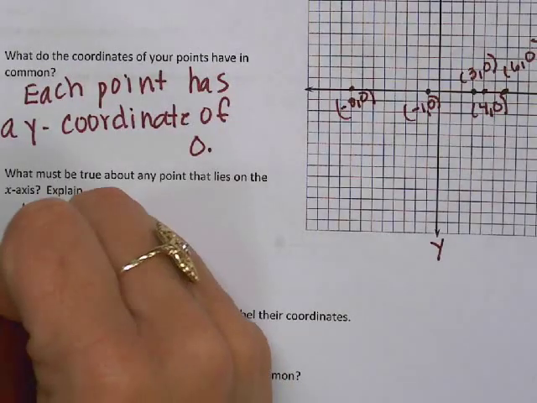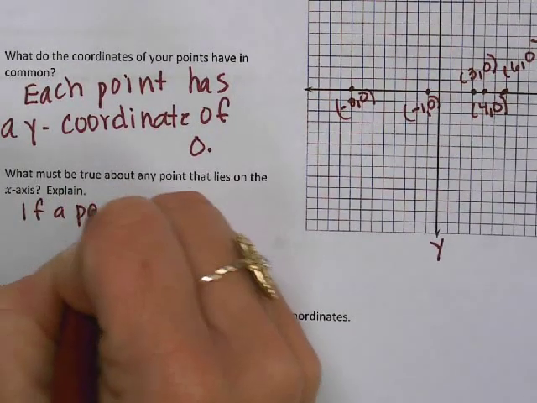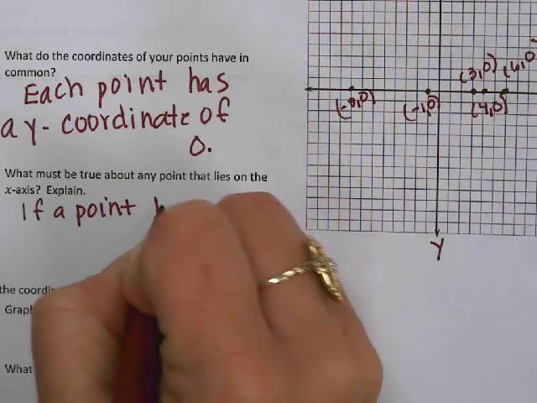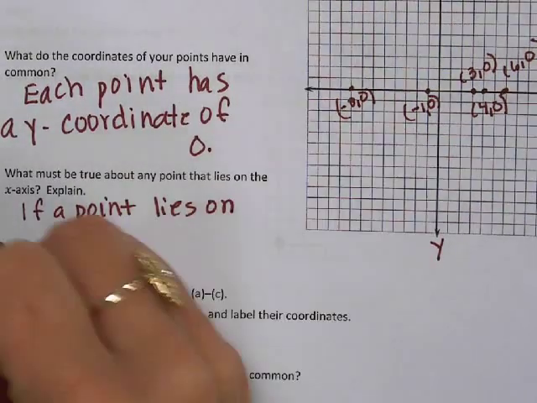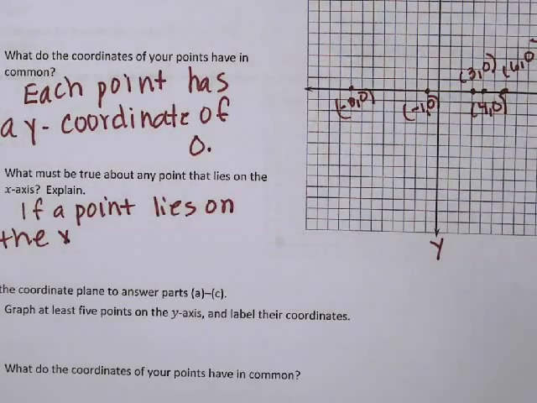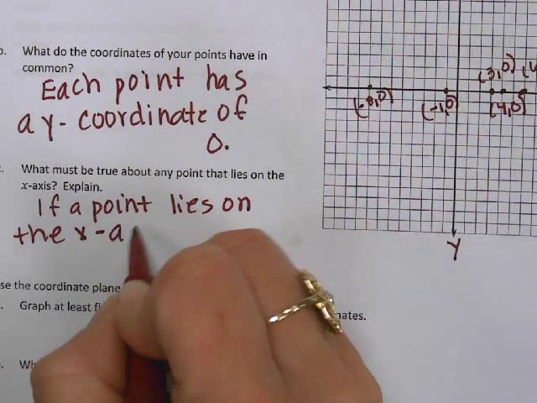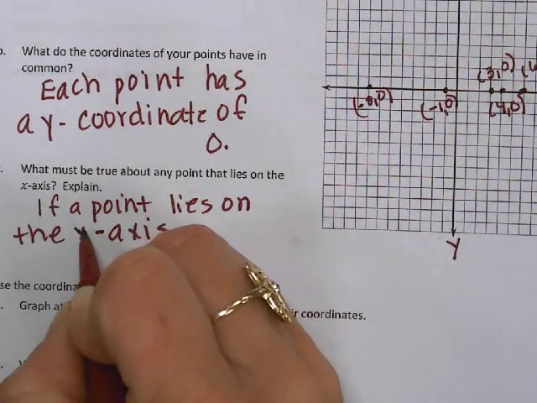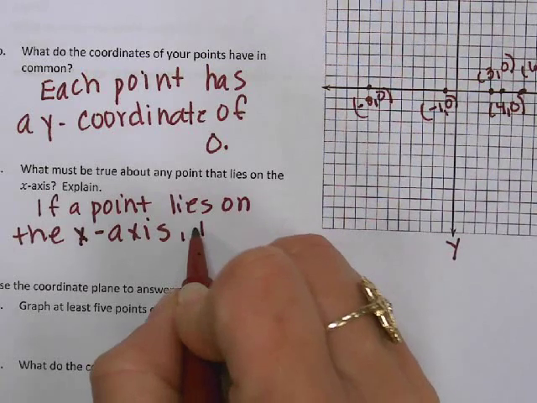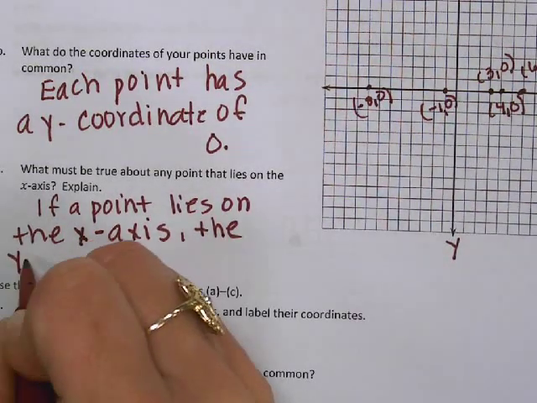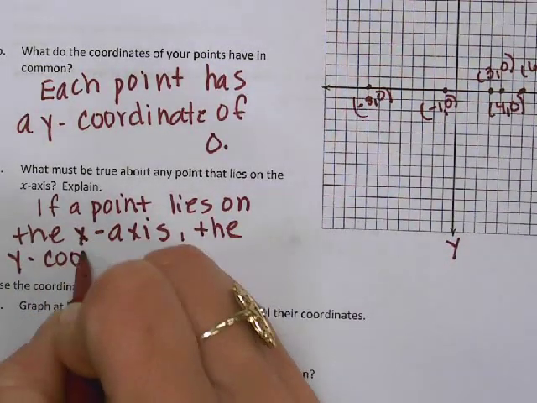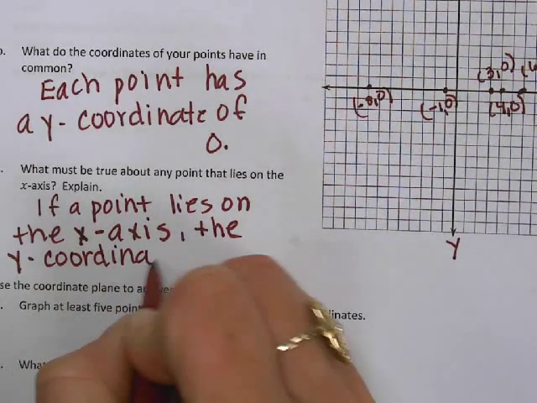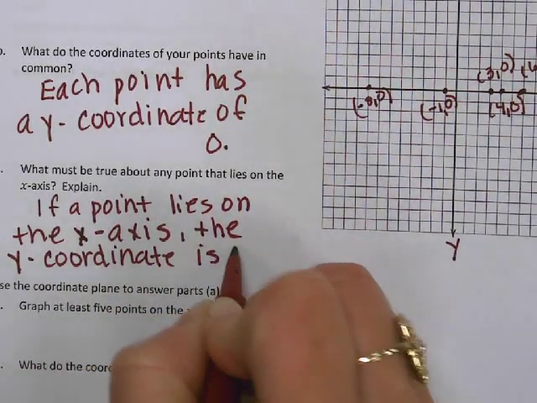So we're going to say that if a point lies on the x-axis, the y-coordinate is 0.